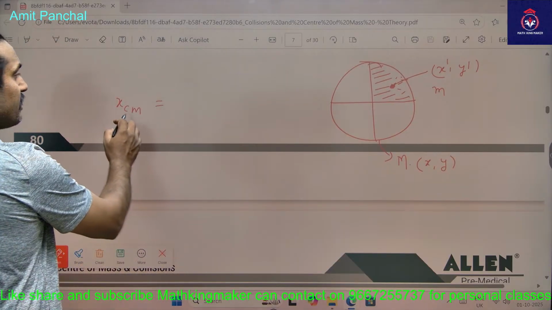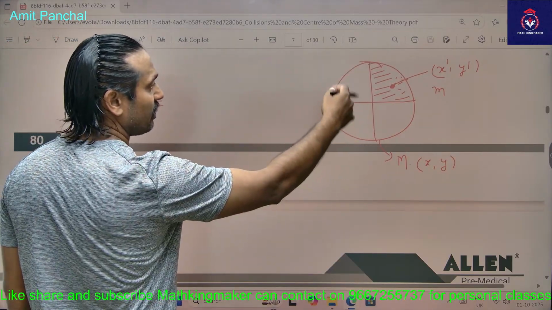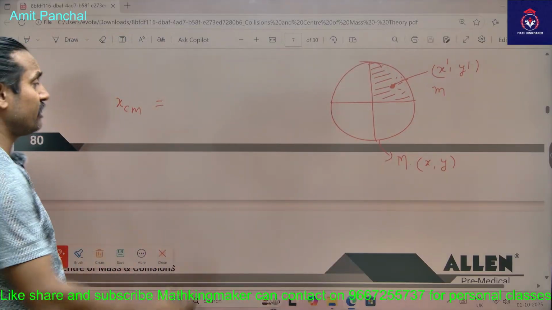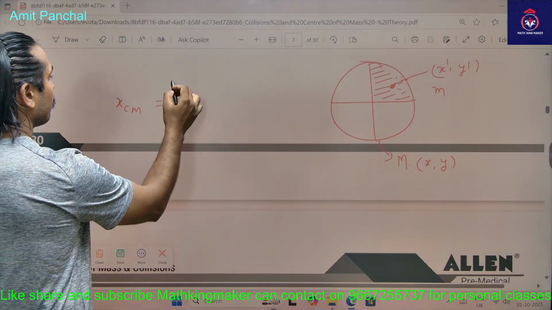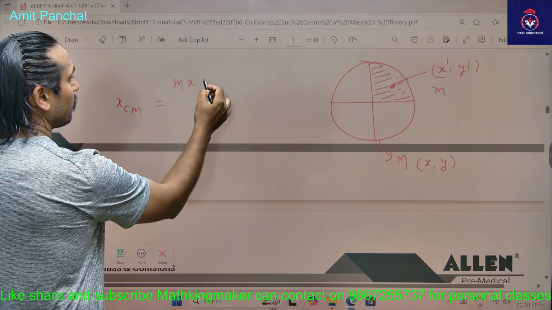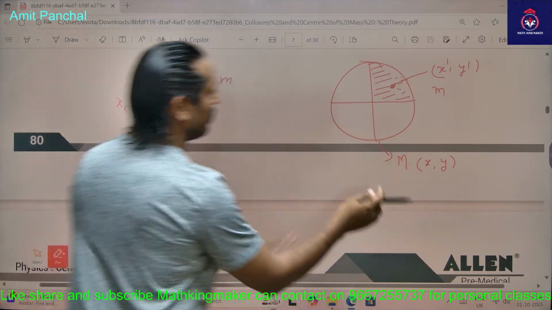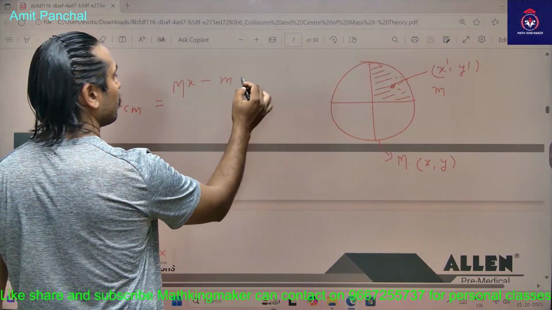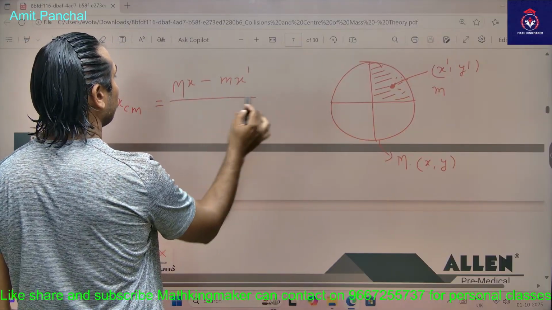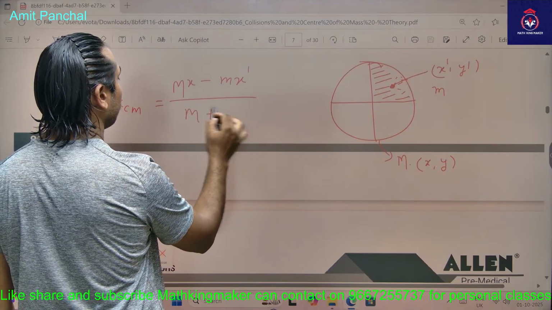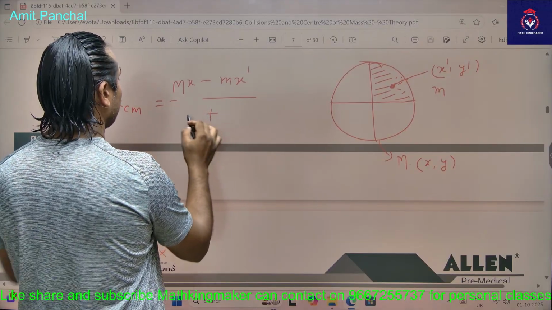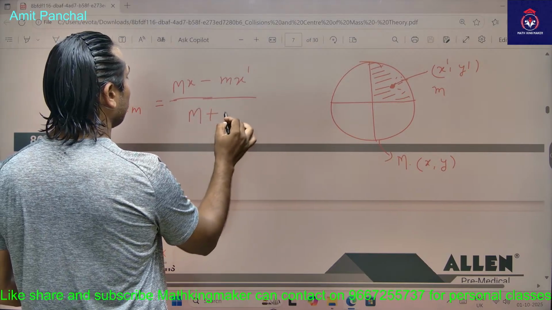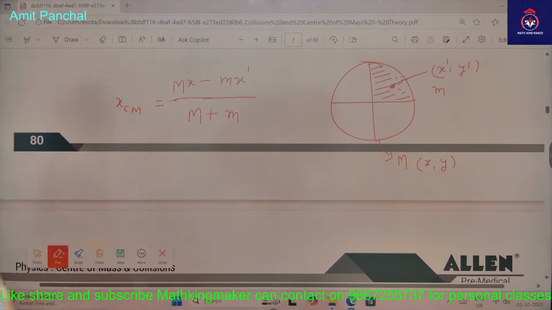So xcm, the center of mass of this body after removing this 1/4, will be equal to (Mx minus mx') divided by (M minus m).